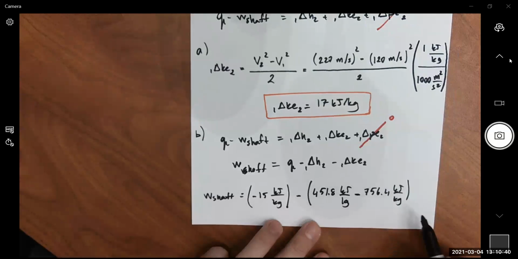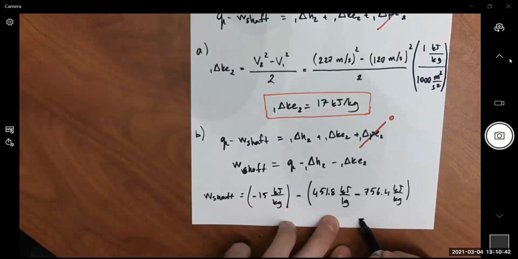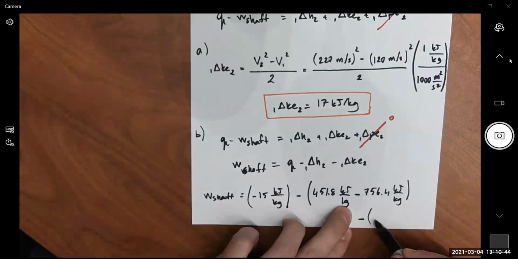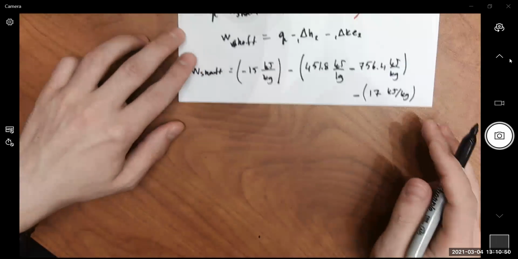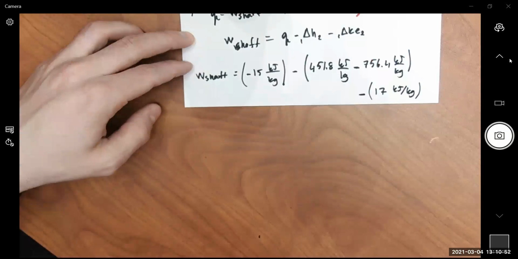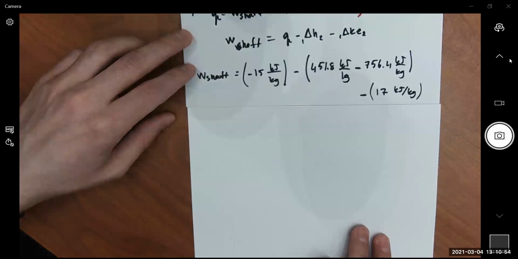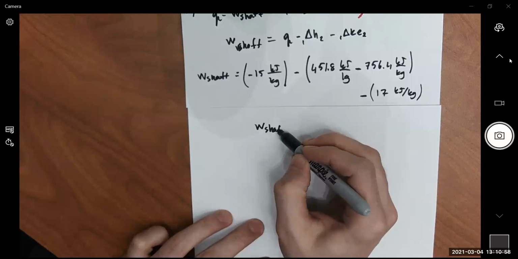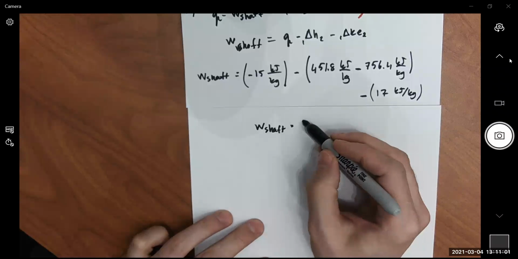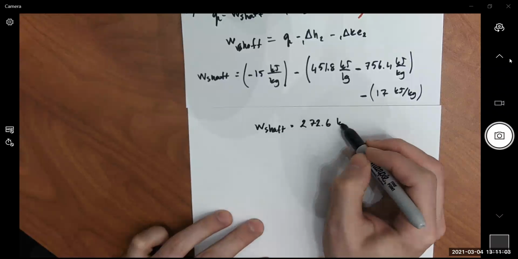And we also have kinetic energy, minus 17 kilojoules per kilogram. Work shaft will be 272.6 kilojoules per kilogram.